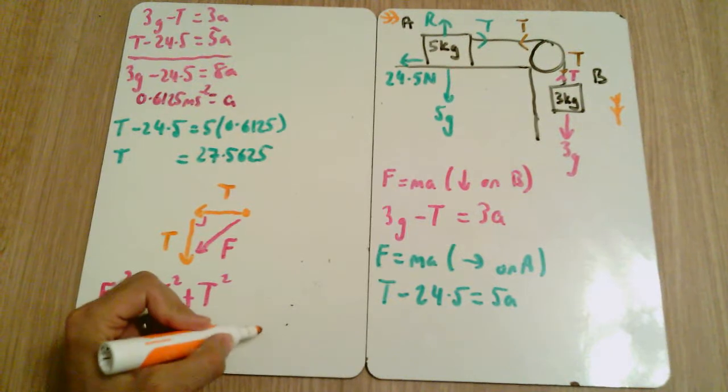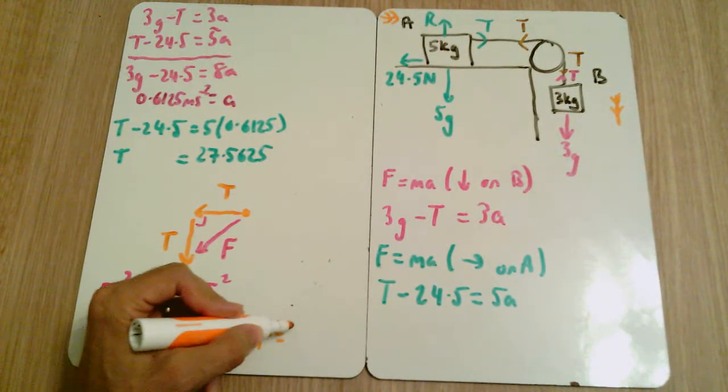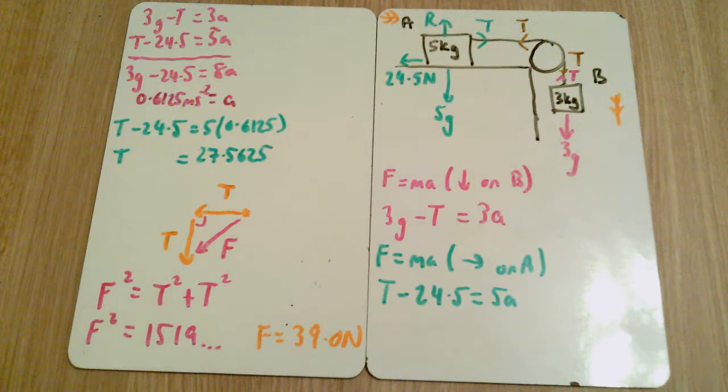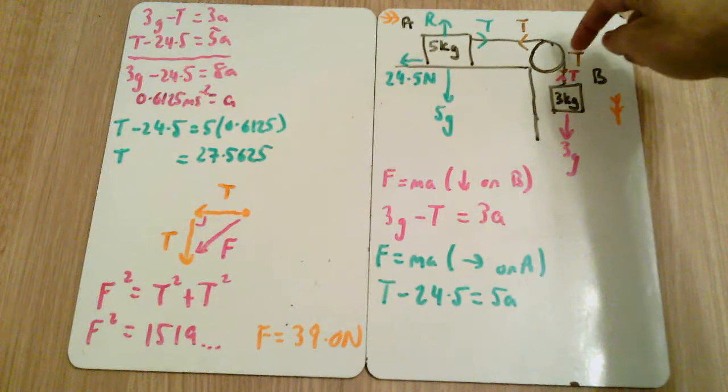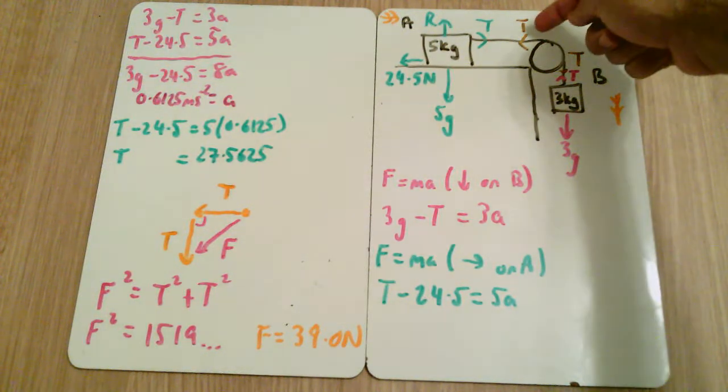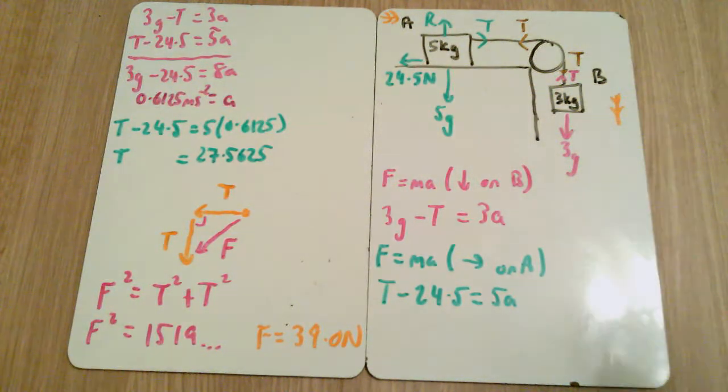So F is equal to 38.98 or 39.0 newtons. So all we've said here, when you're working out the force exerted on the pulley, you're looking at the forces which are created by the two tensions and then applying the same thing in reverse in terms of equal and opposite forces.